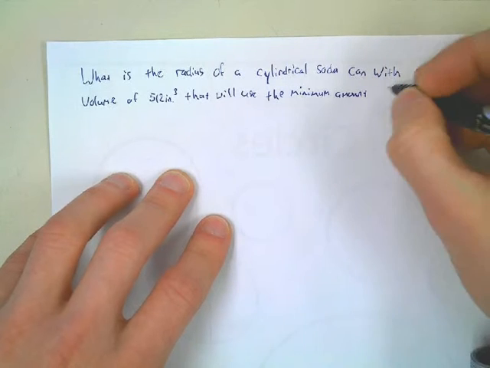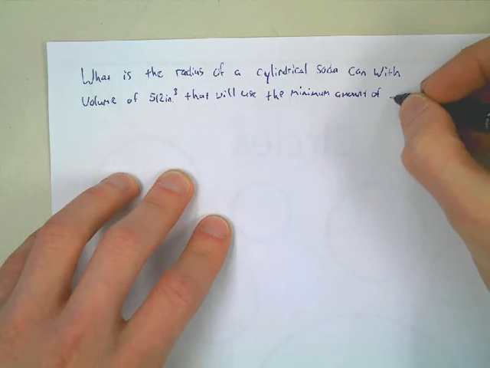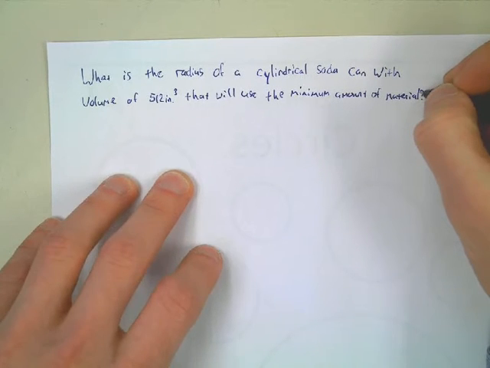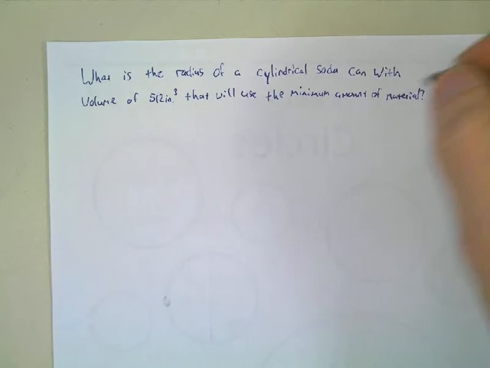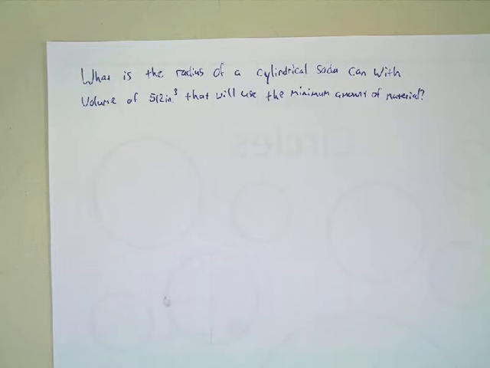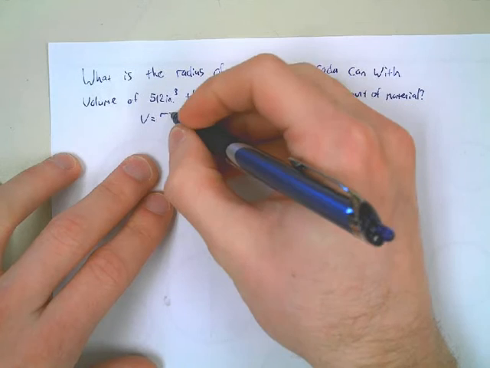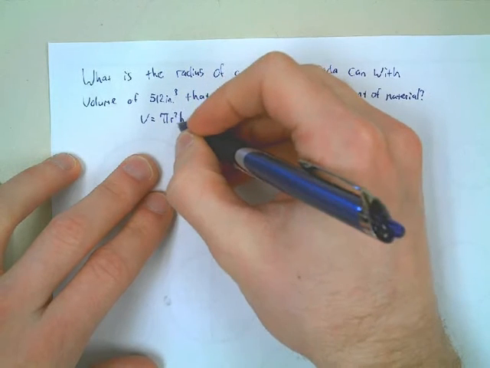And of course, we're going to judge the amount of material we need by the surface area of the can. So let me give you two formulas you're going to need here. The volume of a cylinder is pi r squared h. And the surface area of a cylinder, well, a cylinder is made up of three shapes.